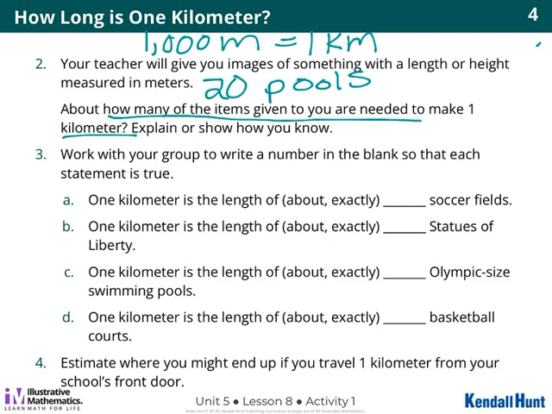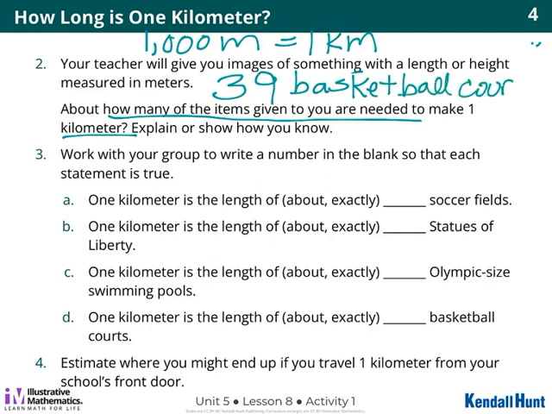All right, and our last one, we have the basketball court, and those are 28 meters. All right, Brayden, how many? 39, because if you round down to 25, there would be 4 in each 100, and 100 times 10 would be 1,000. It made so much sense when you explained it to me a few minutes ago.